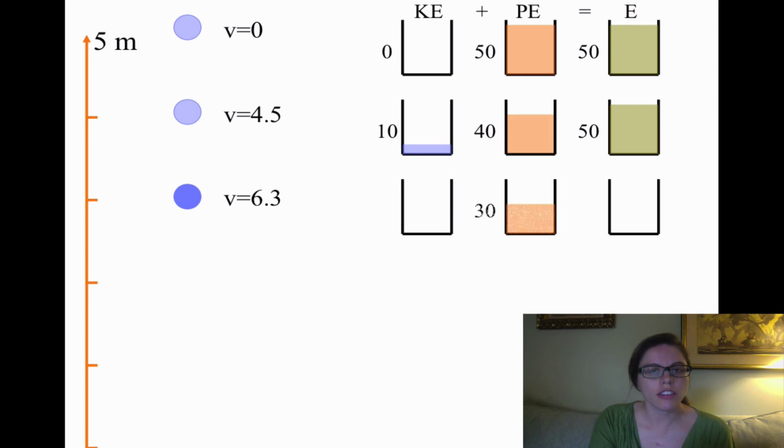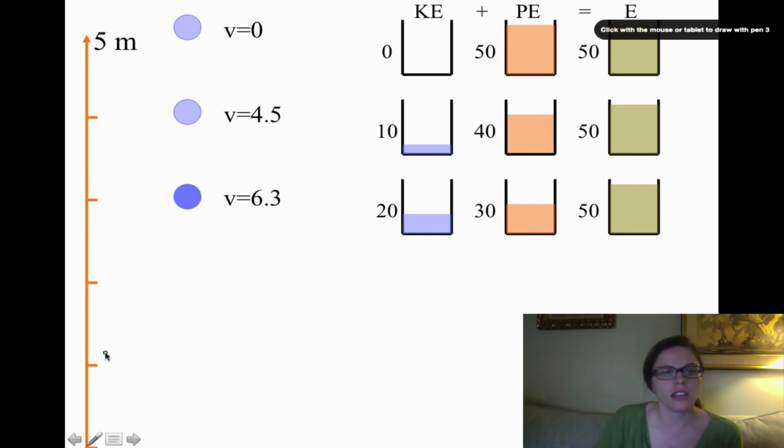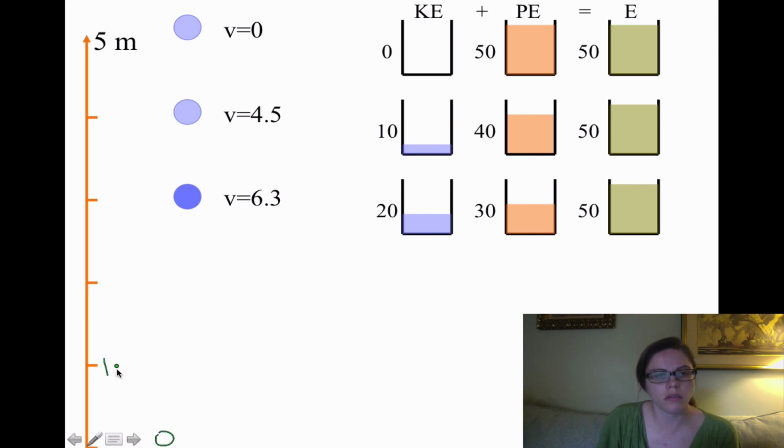So our kinetic energy is about 20 joules. Our potential energy is mgh, and since our h is, so now we're at 0 down here, 1 meter, 2 meters, 3 meters, 4 meters, 5 meters.